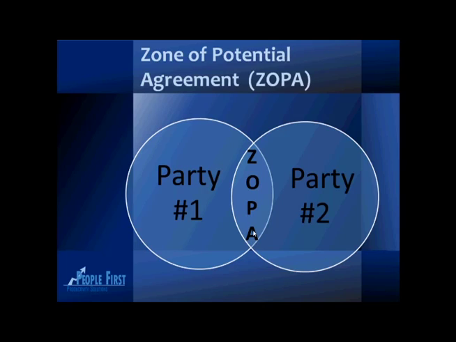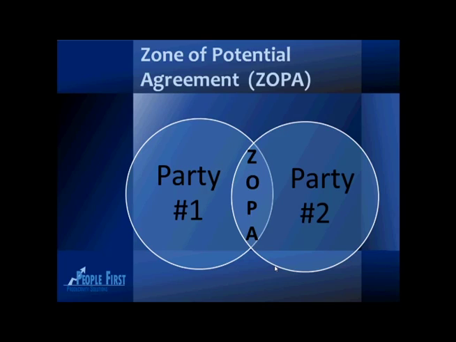We want to enlarge. Collaboration is all about enlarging, so if we can enlarge the agreement overall, we might also be able to enlarge the overlap between those prices, because concessions and value-added elements of the deal, something else is added in to make the overlap of these two circles larger.